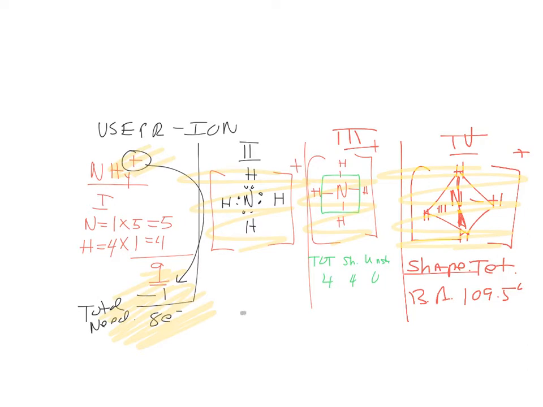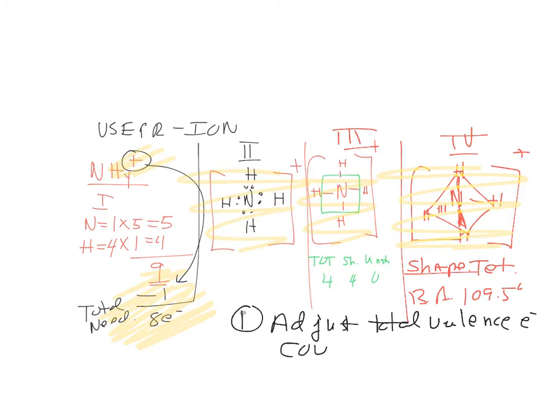Okay, so I would summarize that as saying, when you have an ion, number 1, adjust the total valence electron count in panel 1.